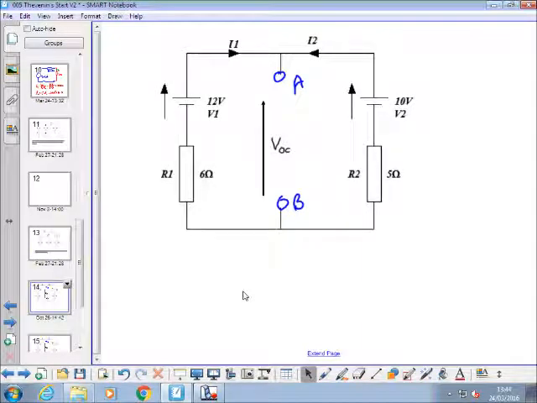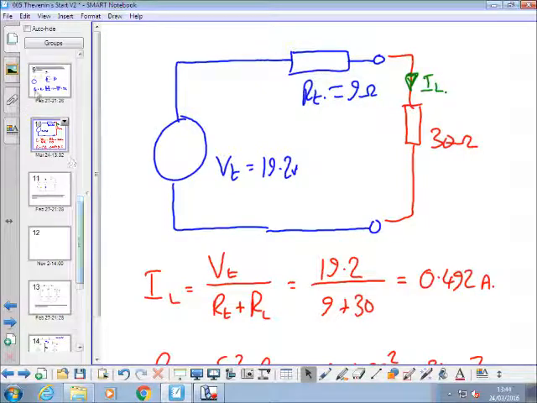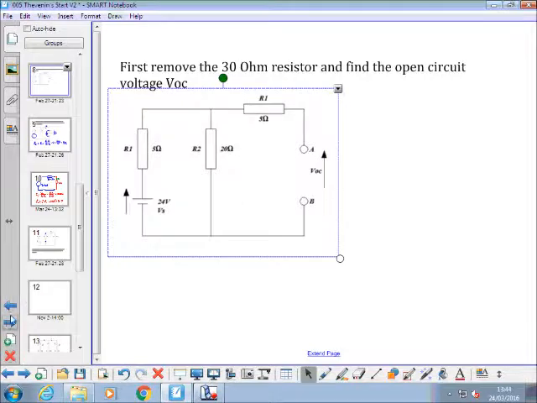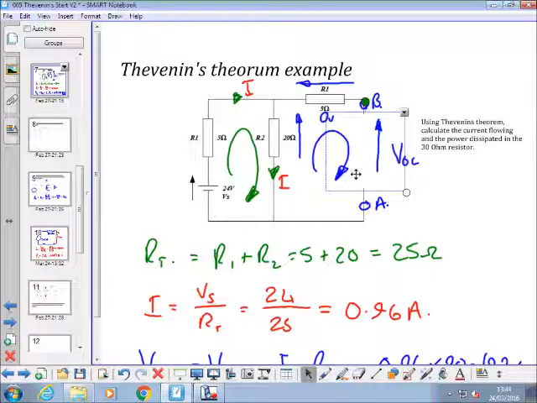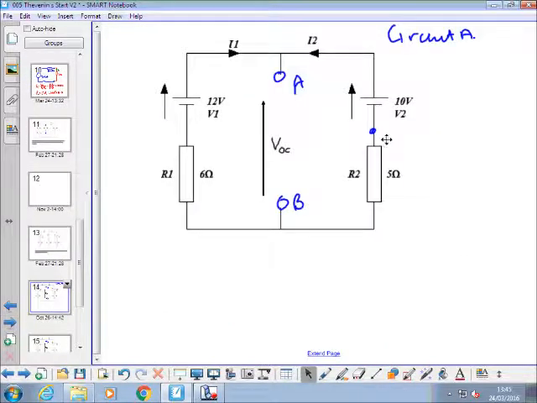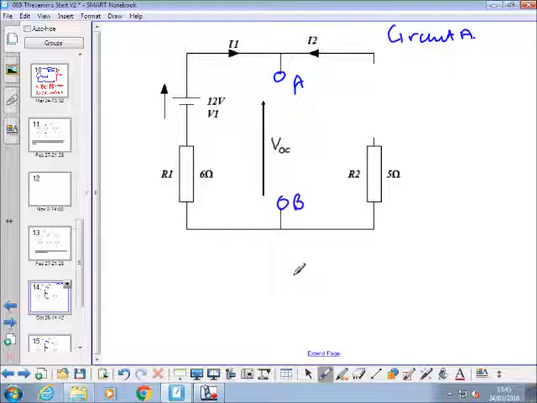So, if we call this circuit A, and we remove V2, like so, and replace it with its ideal internal resistance.